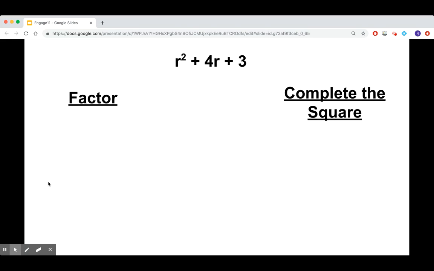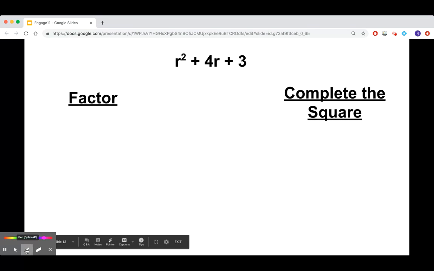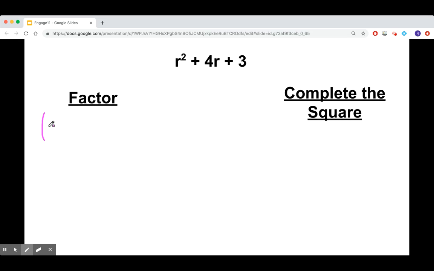Let's start with an example, r squared plus 4r plus 3. We know how to factor this expression from way back when. The first term in both of our binomials will be r because we're multiplying r times r to get r squared.